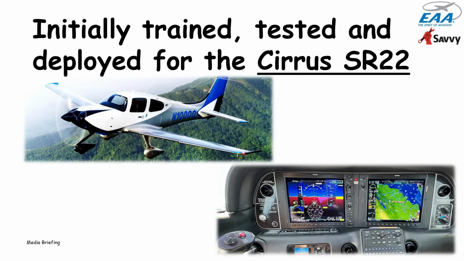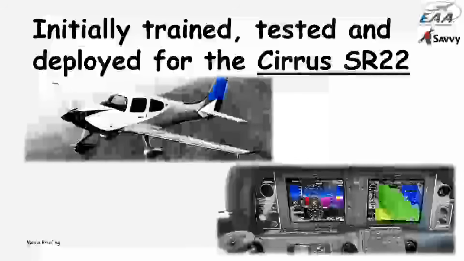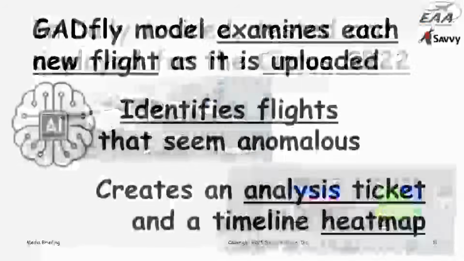It has a lot of sensors. And we wanted to start with the highest dimensionality that we could, because the generalized anomaly detection works better the more sensors you have. So we use the SR-22 as our initial vehicle for training and testing this algorithm.